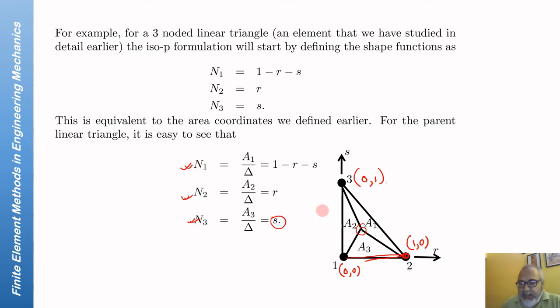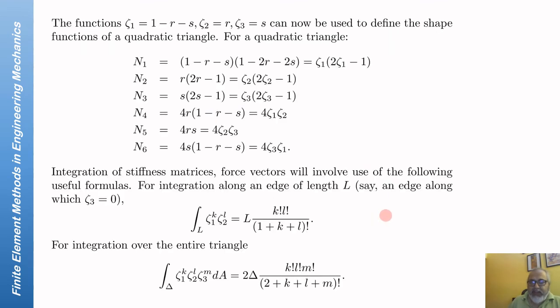Now, if I have a quadratic triangle, for example, I have nodes in between as well. So when I have that, then I will use these three functions. So zeta 1 is 1 minus R minus S, zeta 2 is R, zeta 3 is S, which are basically N1, N2, N3 for my T3 element, and I will enrich them.